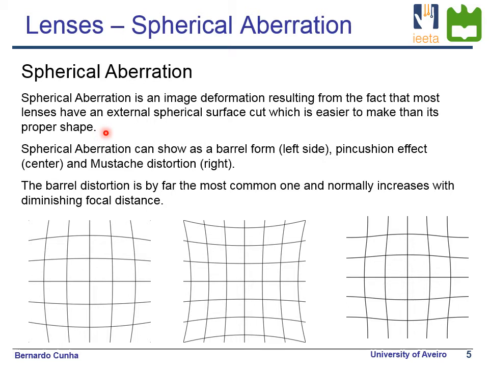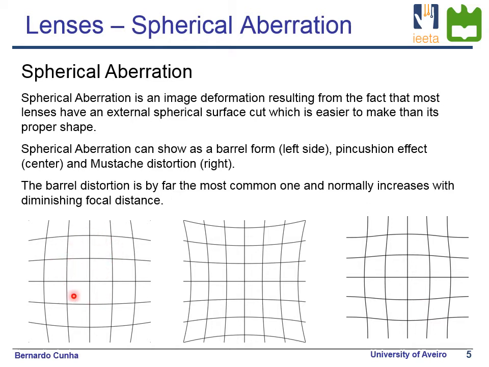So normally, the lenses from the outside point of view are spherical when they should not be. And as a result, we can have at least 3 of the most important spherical aberrations, which you can see in the 3 images at the bottom of this slide.